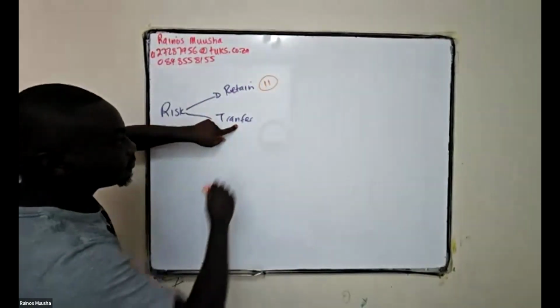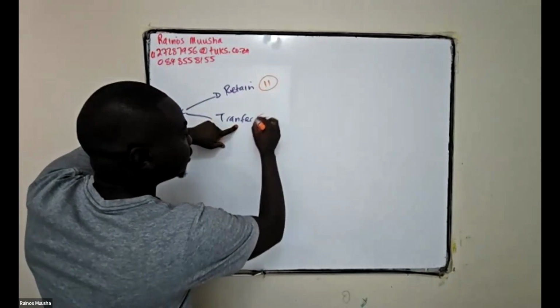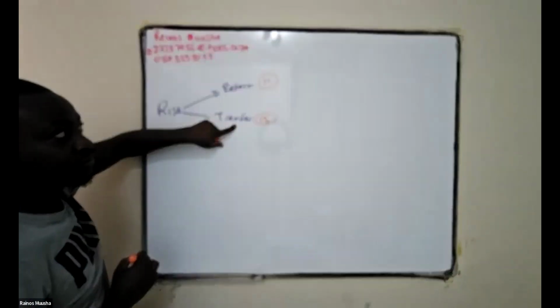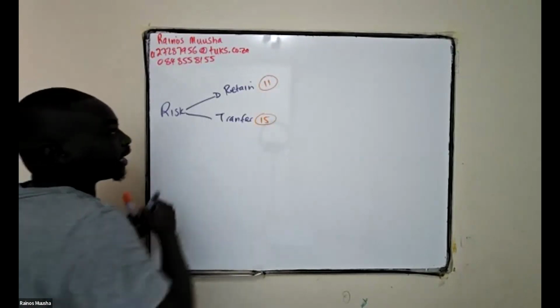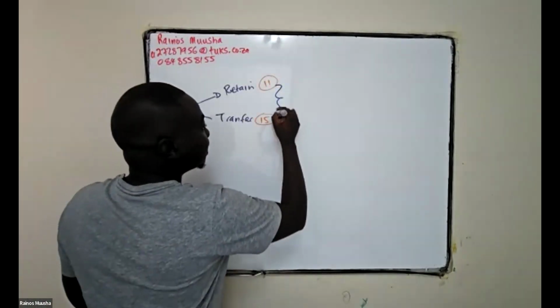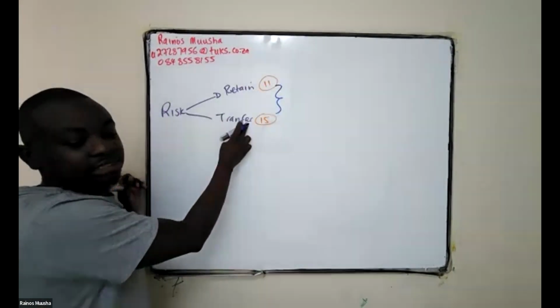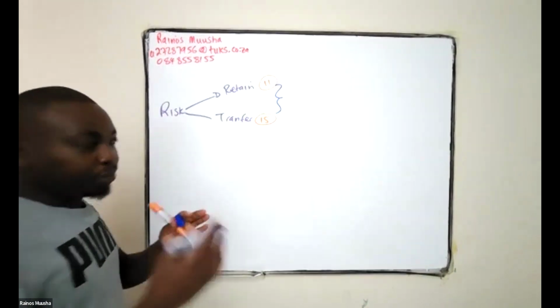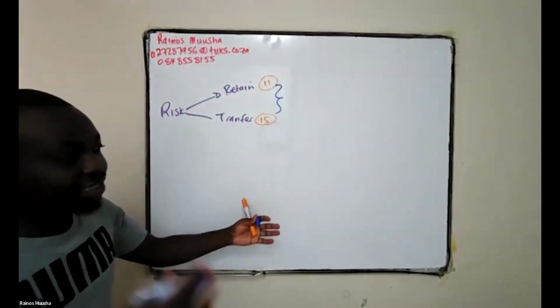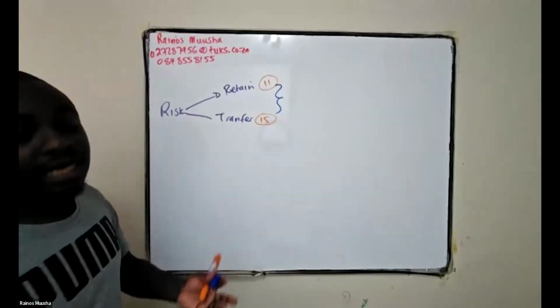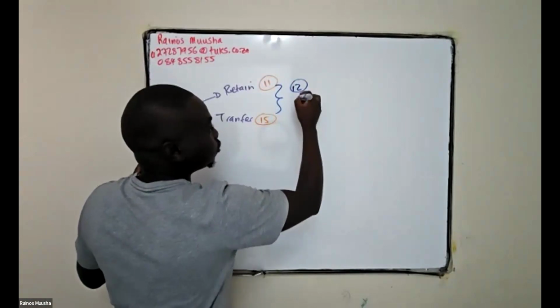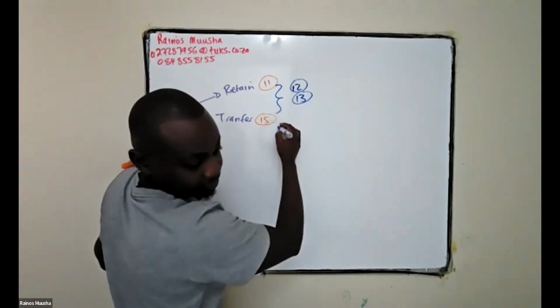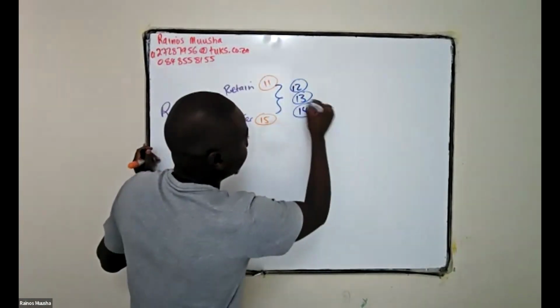The risk transfer, we look at in study unit 15. Now, they can also choose to have a hybrid between risk retention and risk transfer, where there's a component of risk retention, and then there's also a component of what? Risk transfer. So that's what we're going to be looking at in study unit 12, study unit 13, and study unit 14.